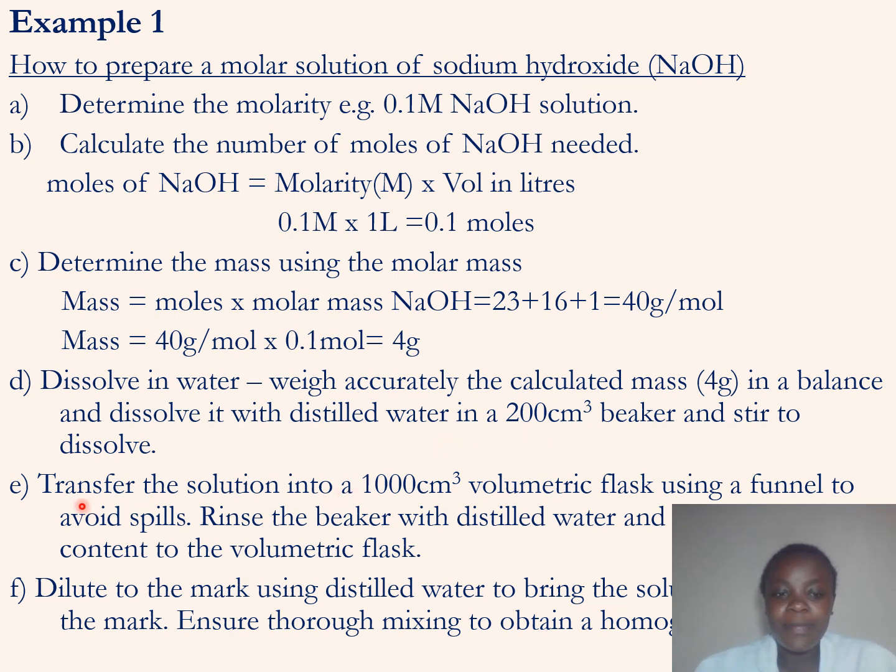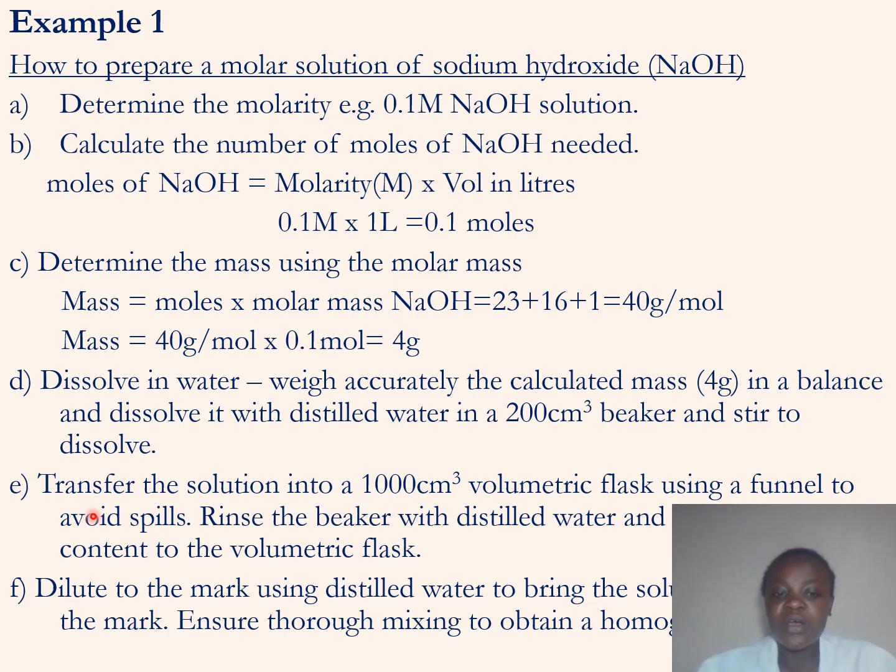Okay, next step, we transfer the solution to a 1000 centimeters cubed, that is a 1 liter volumetric flask, using a funnel. So we are going to use a funnel to avoid spilling. We want to ensure that it is accurate because we have measured accurately 4 grams.